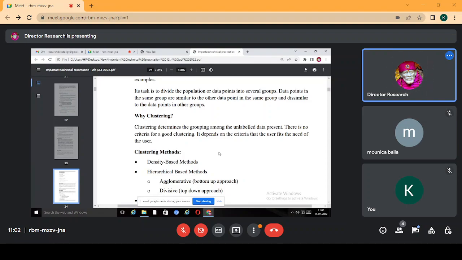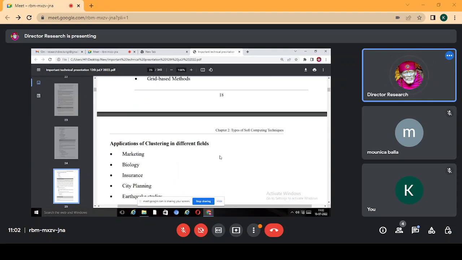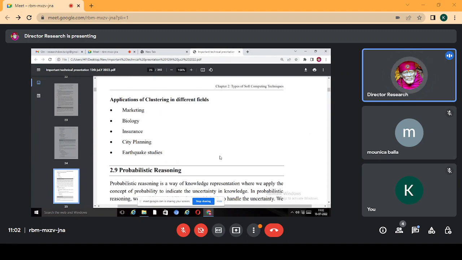Clustering methods: density based methods, hierarchical based methods, agglomerative bottom up approach, divisive top down approach, partitioning methods, grid based methods. Applications of clustering in different fields: marketing, biology, city planning, earthquake studies.